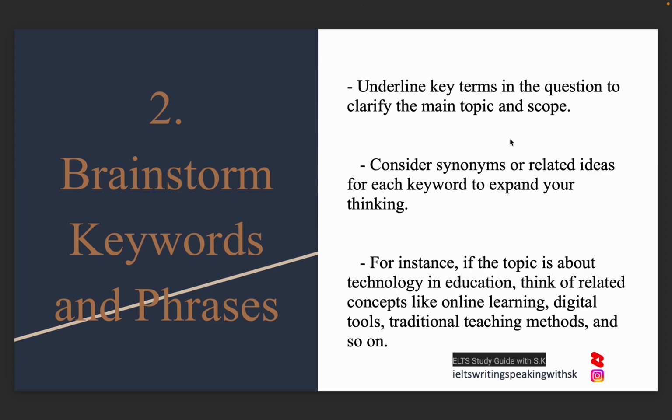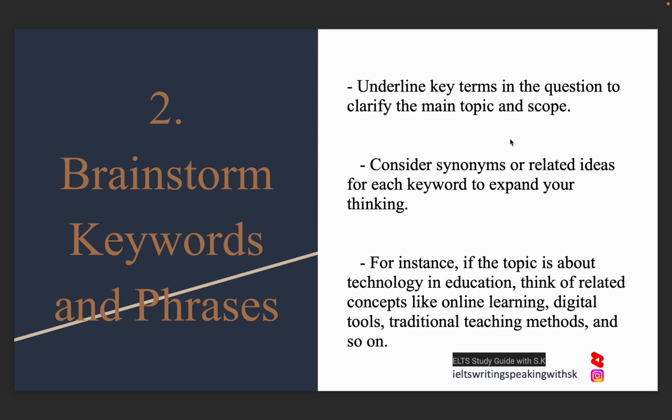The second part is brainstorm keywords and phrases. Underline key terms in the question to clarify the main topic and scope. Consider synonyms or related ideas for each keyword to expand your thinking. For instance, if the topic is about technology in education, think of related concepts or related vocabulary.